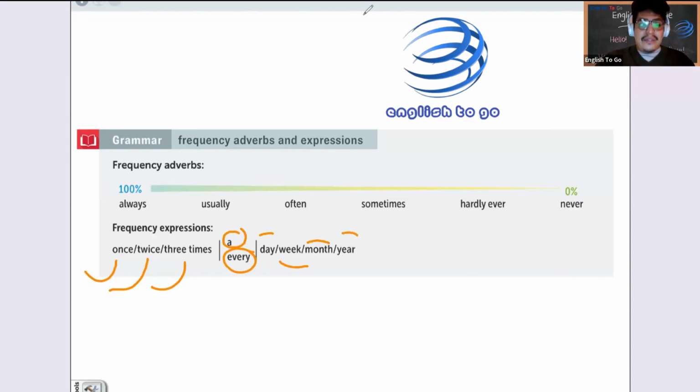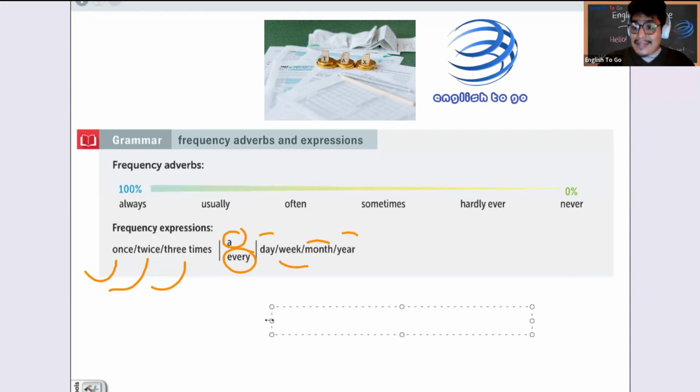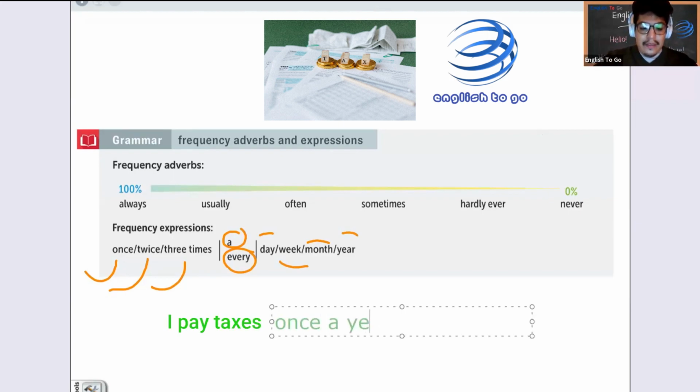For example, guys, I pay taxes once a year. Okay? How often do you pay taxes, guys? I pay taxes once a year. Okay? Notice, for this particular idea, I am not using frequency adverbs.